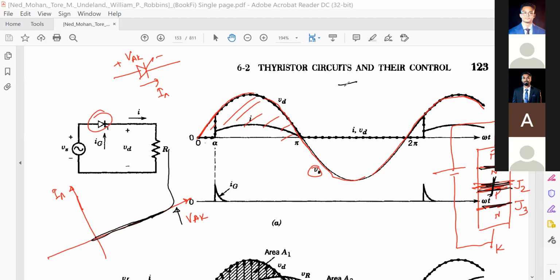Suppose, I'm not good at drawing, there is a block. The water is accumulated here, and there is a little hole here. But we can control the width of the hole.